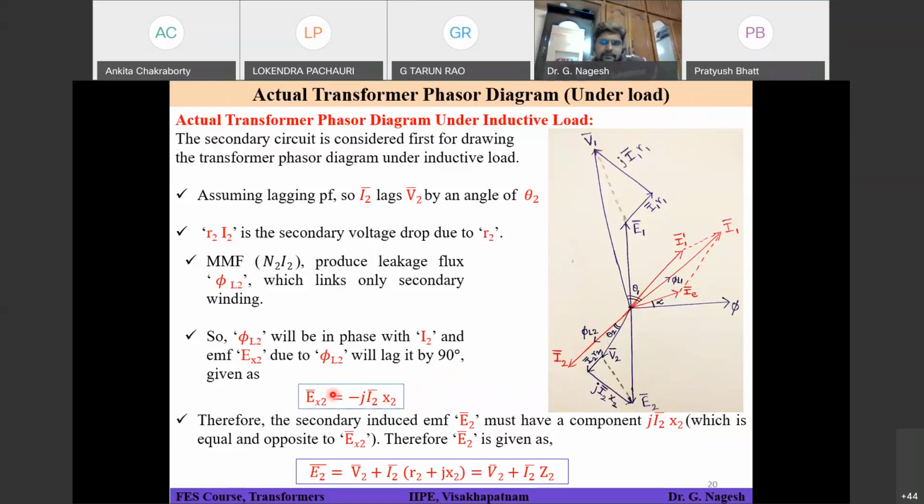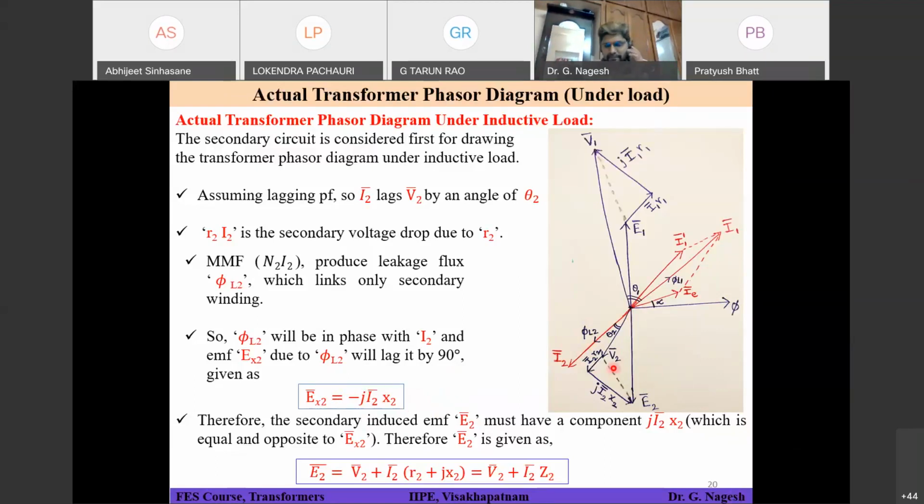Sir, can you please once summarize all those EMFs and fluxes with the process, starting from just connecting the battery, and this is the flux φ, and like that. Sir, I think that's creating much confusion, because we are seeing every variable together.